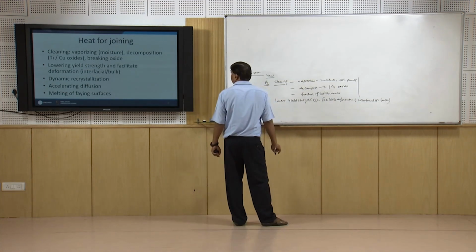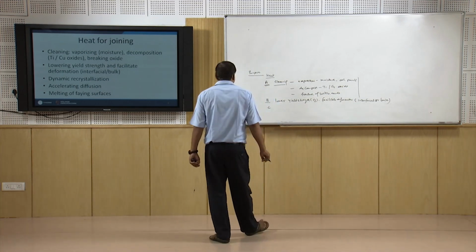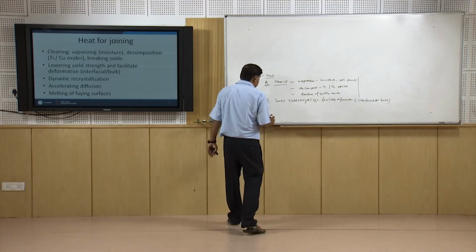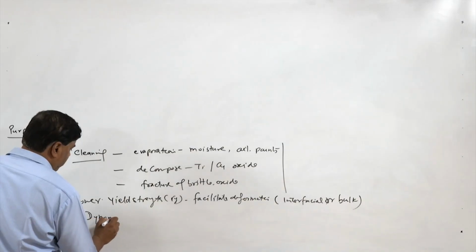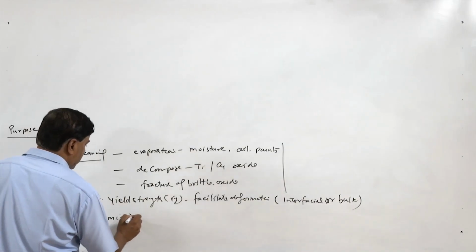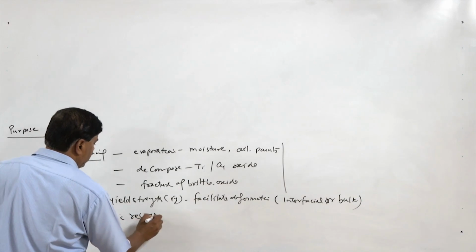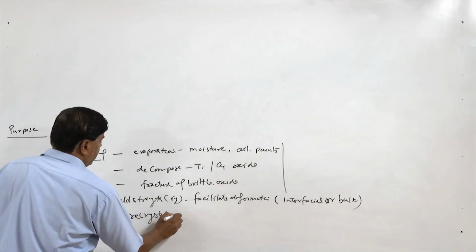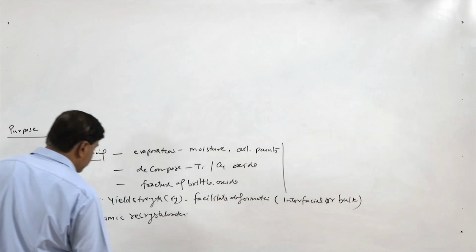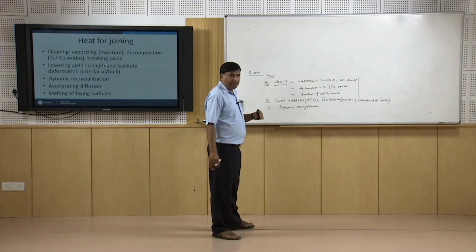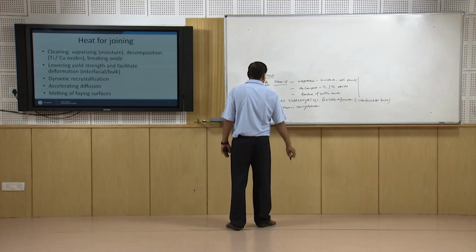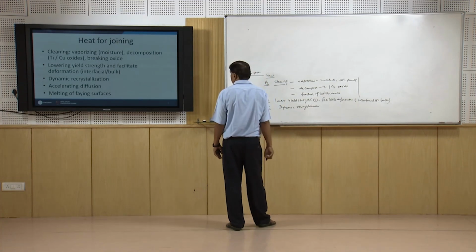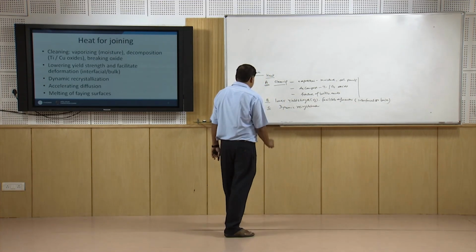Third is dynamic recrystallization, whenever the heat generated is enough. Due to the deformation, when the lattice is disturbed, at the same time fresh grains are formed in the deformed material with the help of the heat being applied. So, dynamic recrystallization is also achieved.